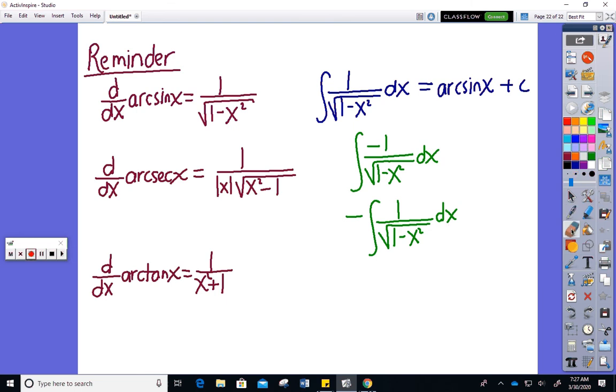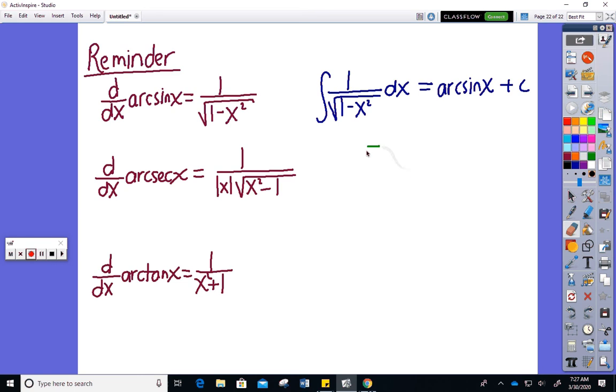So that's why we're not going to focus on that kind of thing as much. We're just going to use the big three that turn out positive. I think that would be most people's strategy. All right, so similarly, if I say what's the antiderivative of 1 over the absolute value of x times the square root of x squared minus 1 dx, you're going to say, well, that's arc secant.